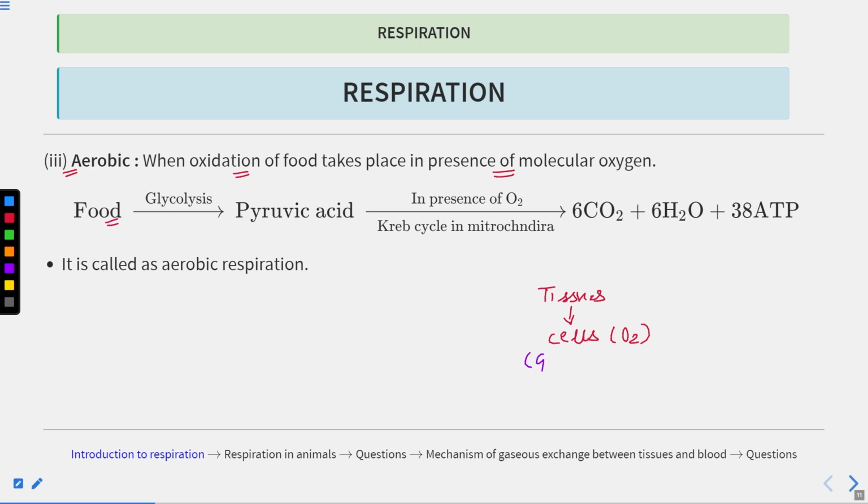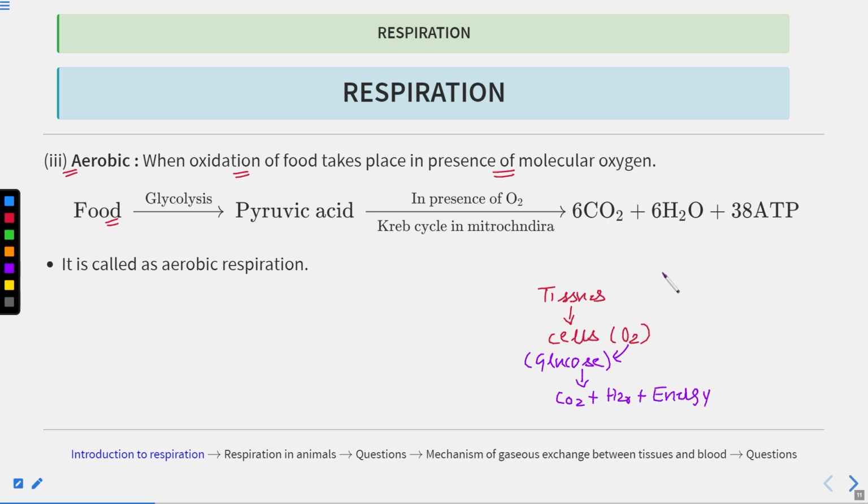They contain the food materials, or you can say the respiratory substrate, and the most common respiratory substrate is glucose because it is readily available. Okay, and then there is the oxidation of the glucose molecule with the help of oxygen, and what is released? Carbon dioxide and water are formed as waste products, as well as energy is released.